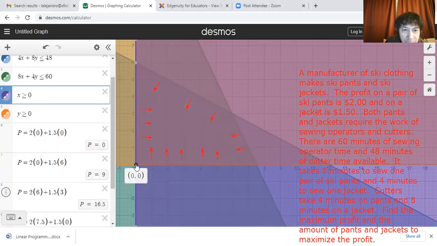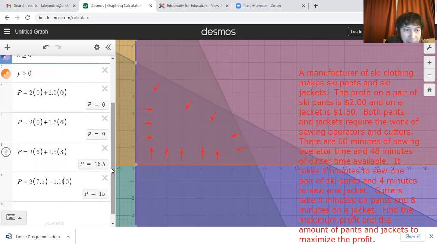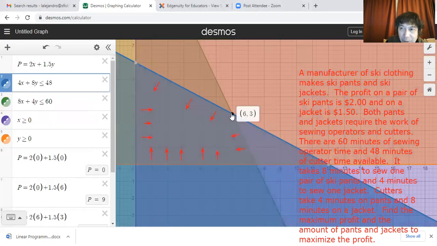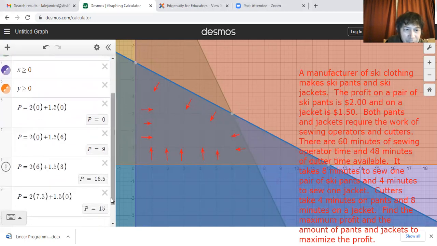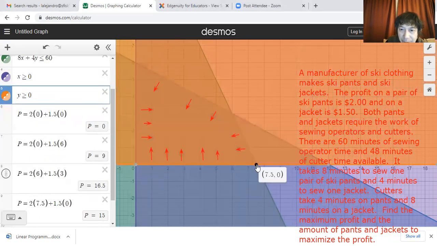Then this is 0, 6, for this point there. The third is 6, 3, on this point there. And for the fourth computation, we have the 7.50, for this point there.